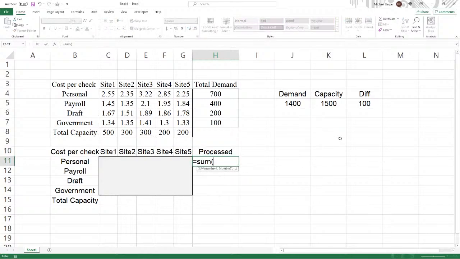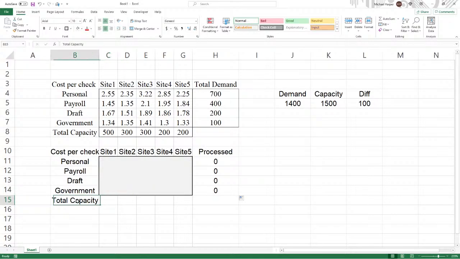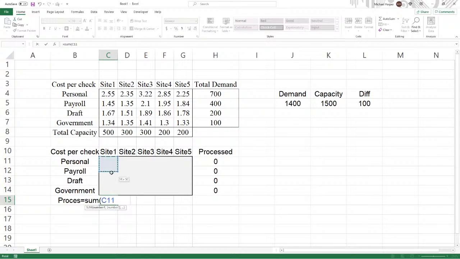It equals the sum of how the checks are processed. Copy this down. And this processing equals the sum of the column. This is what is being processed at each site.